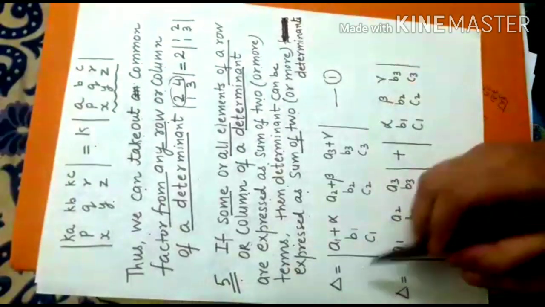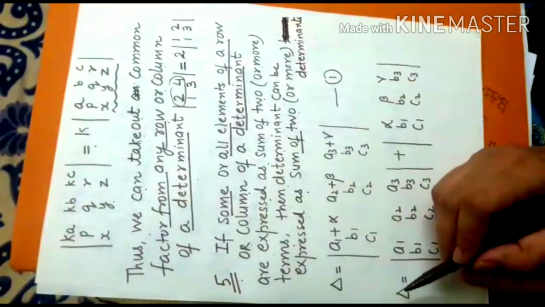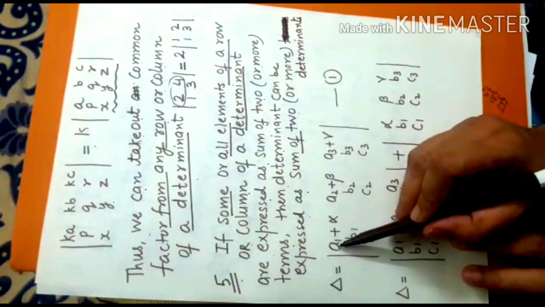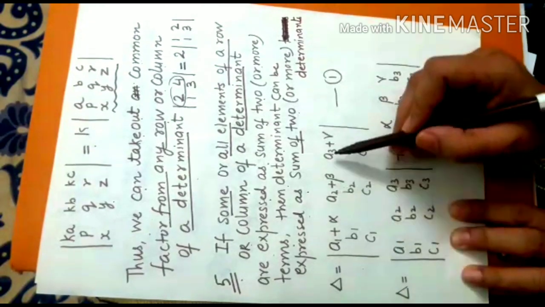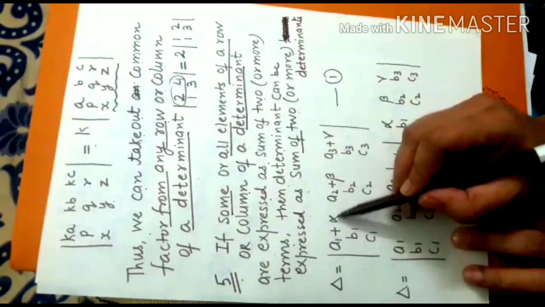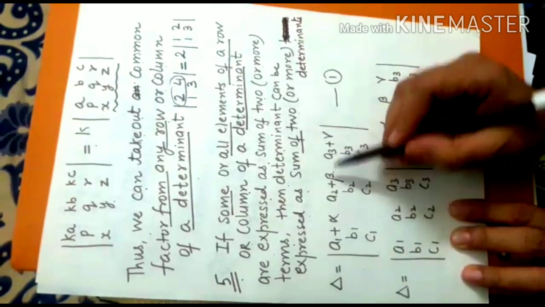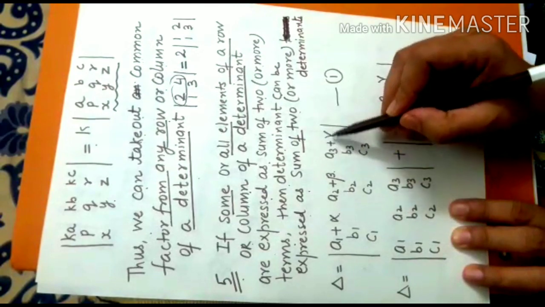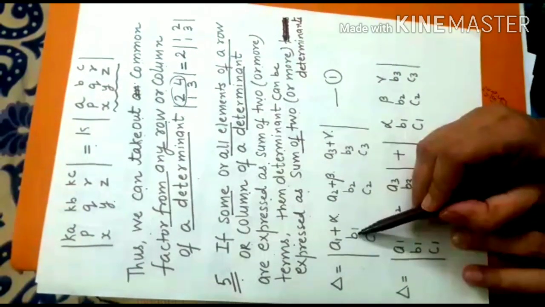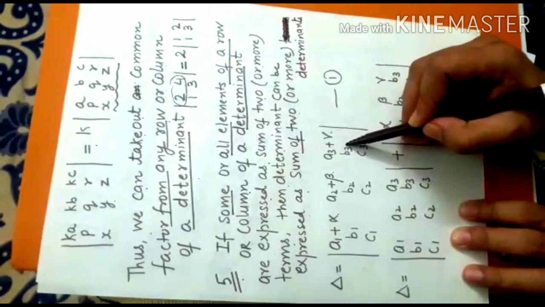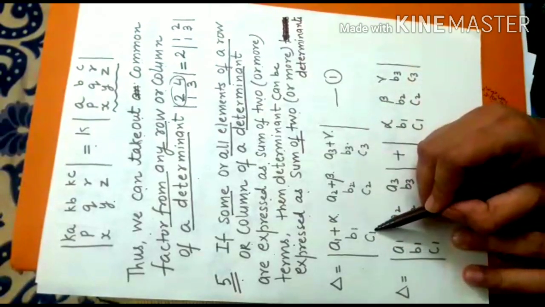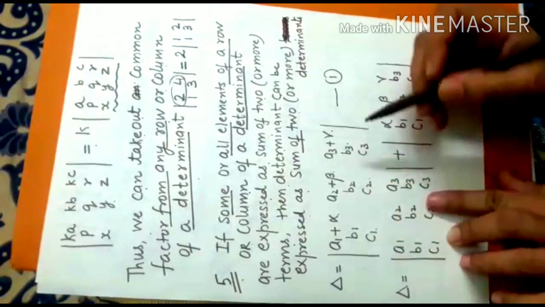For example, consider the determinant delta with first row comprising the elements a1 plus alpha, a2 plus beta, a3 plus gamma, second row b1, b2, b3, third row c1, c2, c3.